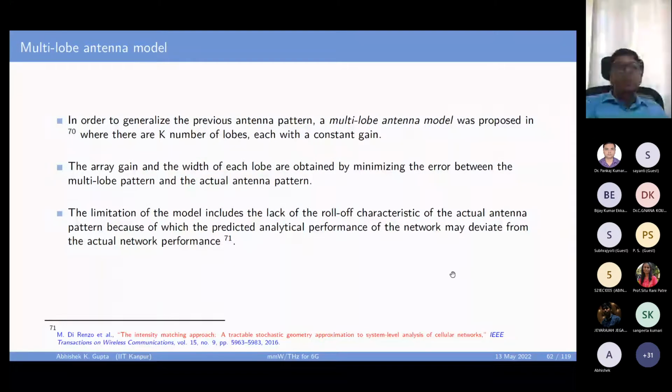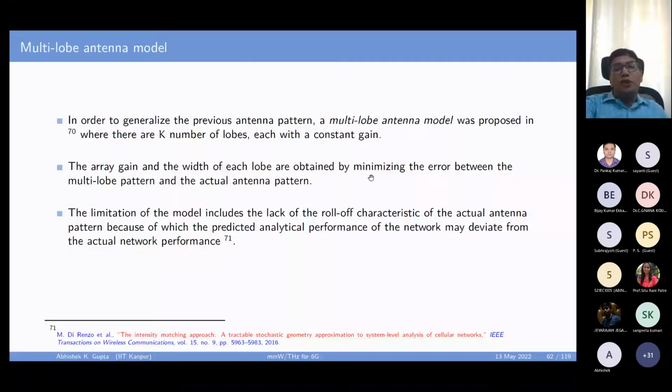Okay. Then this is a single lobe approximation. When we go for multi-user, because of hybrid beamforming, you may see an antenna model which has multiple main lobes, which you can model again using the sectorized approximation with k number of lobes with a constant. Okay, so this kind of work has been done for different analyses.